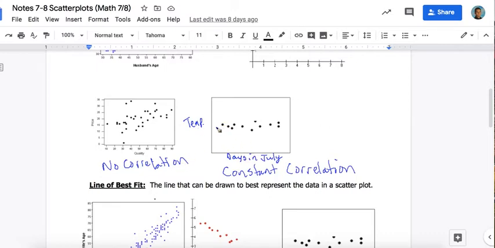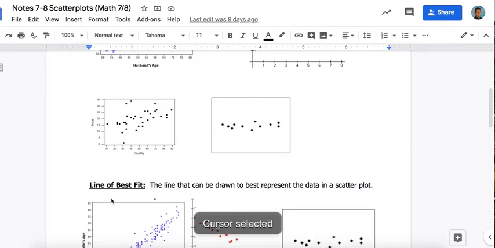You'll notice as the days in July increase, the temperatures stay pretty much the same. We'll call this 85 and we'll call this 90. So all the temperatures are staying between 85 and 90. So this is a constant correlation.